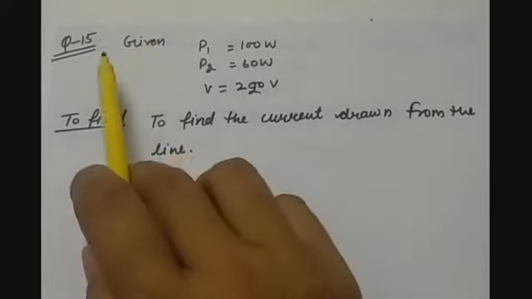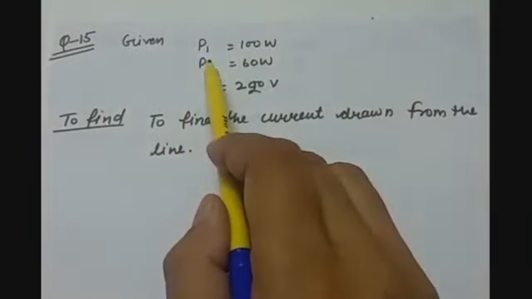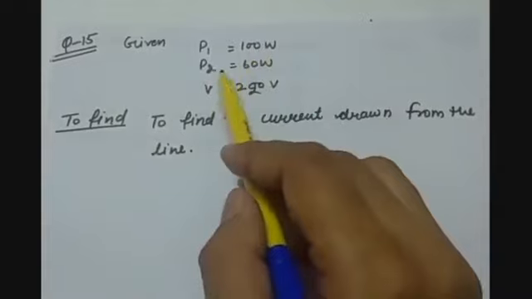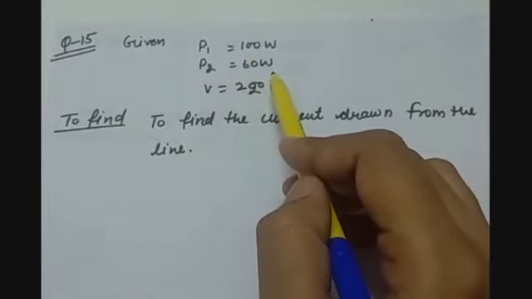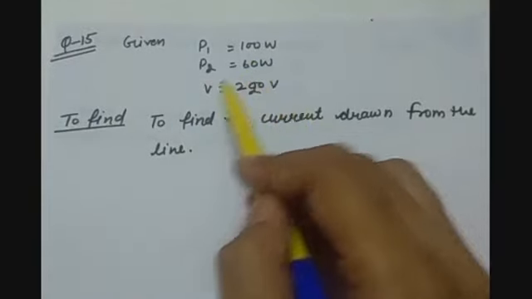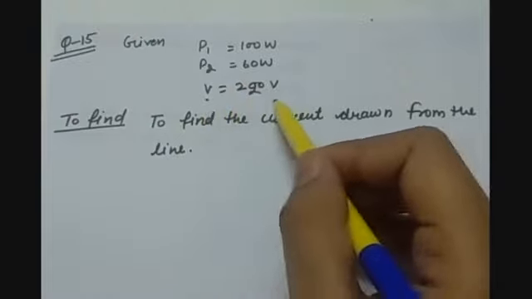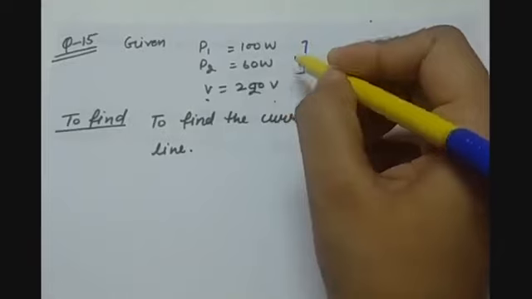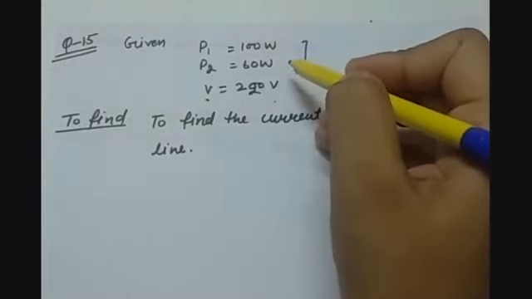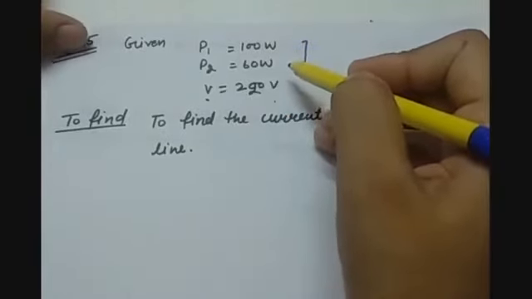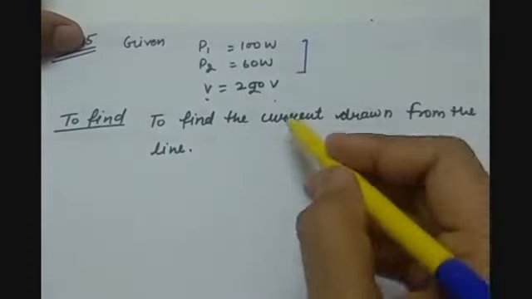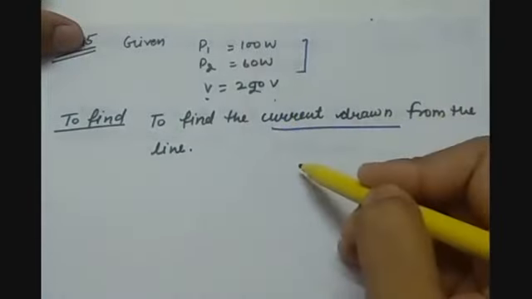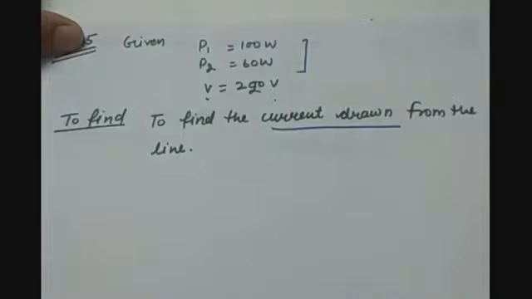So in question number 15, we have been given power 1 as 100 watt, power 2 is 60 watt, both at potential difference of 220 volt. These two lamps are connected in parallel, and we have to find out the current drawn from the line by the lamps.